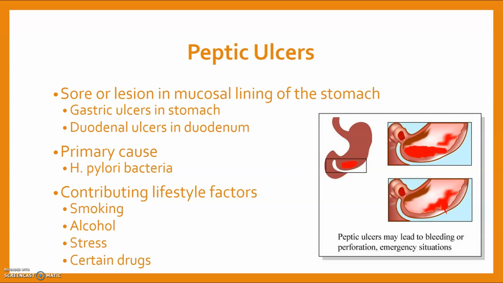There are also contributing factors that can increase the likelihood of developing a peptic ulcer. These include things like smoking, alcohol, stress, and certain drugs, such as abuse of NSAIDs, those non-steroidal anti-inflammatory drugs.